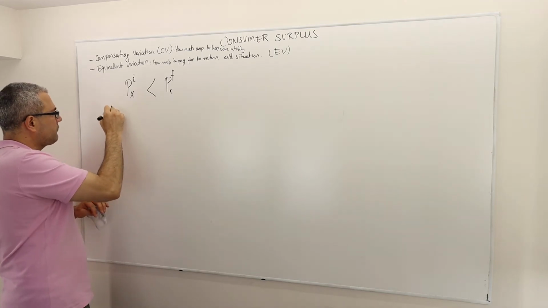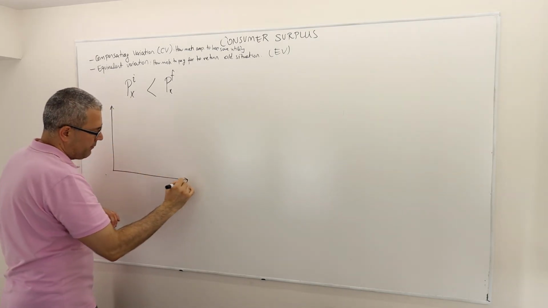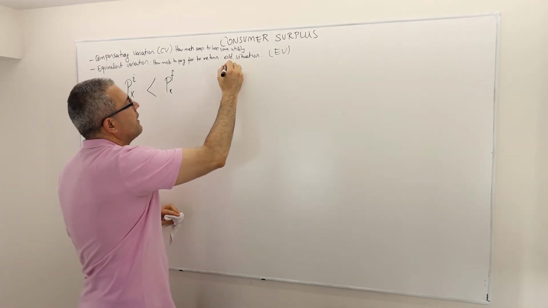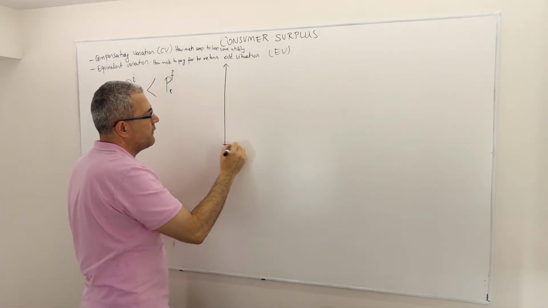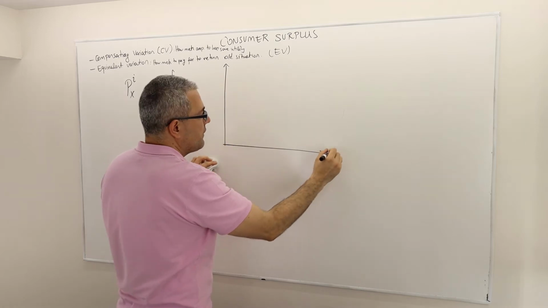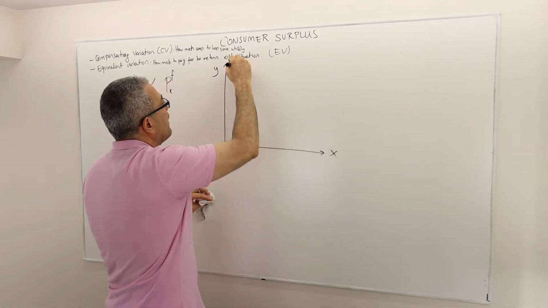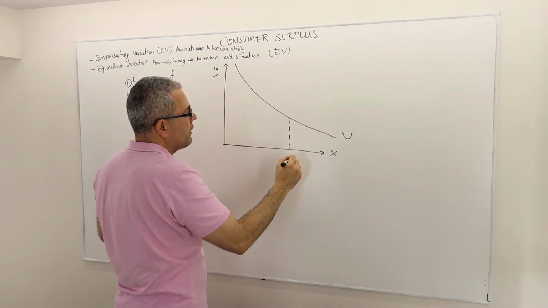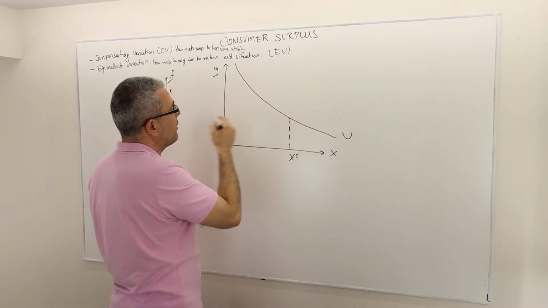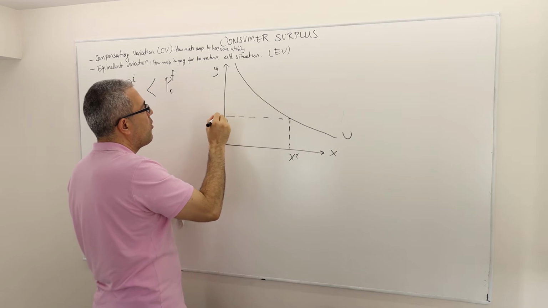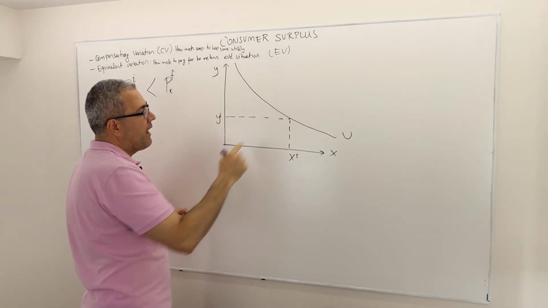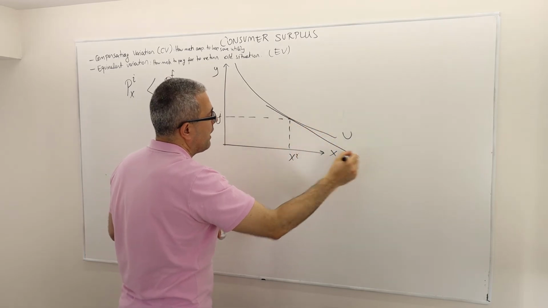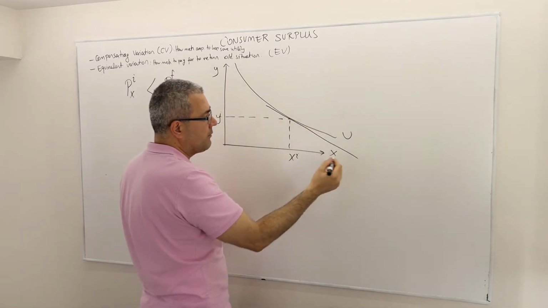So again, for simplicity, let's suppose that there are two goods, because drawing everything in a two good world is easier. So this is good X, this is good Y, and this is the utility level when my consumer consumes X initial and Y initial, all right? The budget line is something like this.